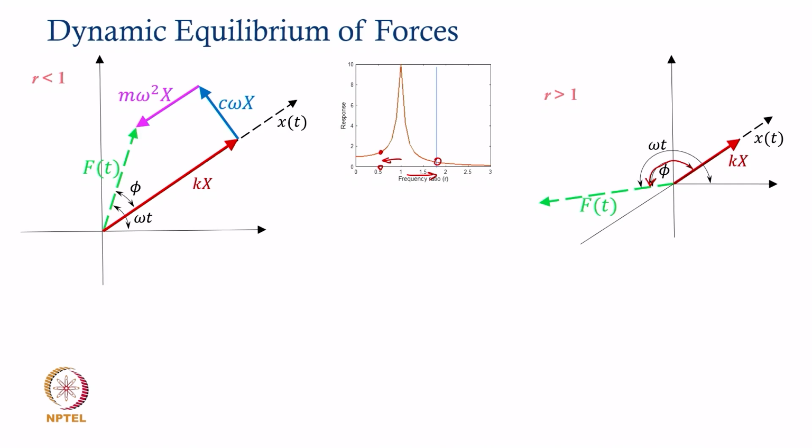The restoring force will still be aligned with x, the response. The damping force invariably has to be at 90 degrees to the restoring force, given the way velocity and displacements are related for a harmonic response. And then of course, the inertia force m omega square x will create a force polygon like this, which is basically representing the dynamic equilibrium when you are operating post critical or post resonance at higher speed values.